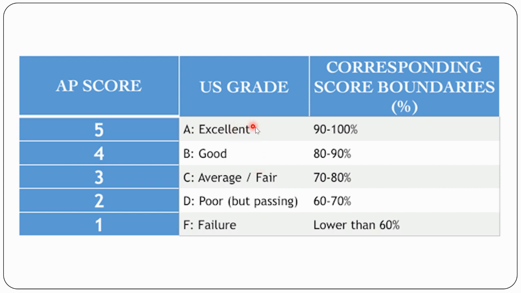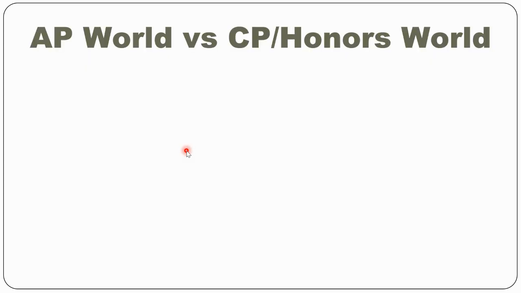Our A students usually get 5s, our B students usually get 4s, but some of them go up, and so on. So your grade tends to be a very good predictor of your AP exam score, because the entire point of the course, the entire reason that Ms. Netze and I give you the work that you will have, is to prepare you for it. We want you to be prepared, and we want it to match up with what your grades are.